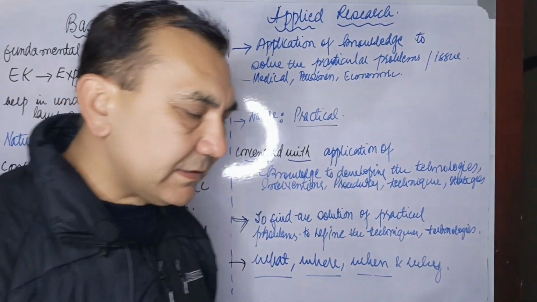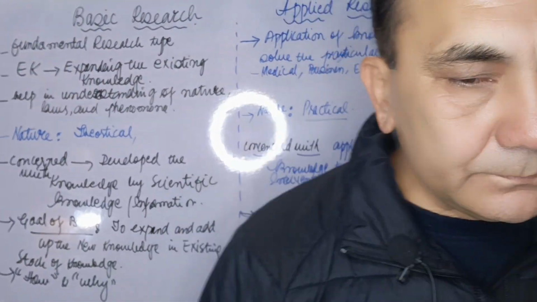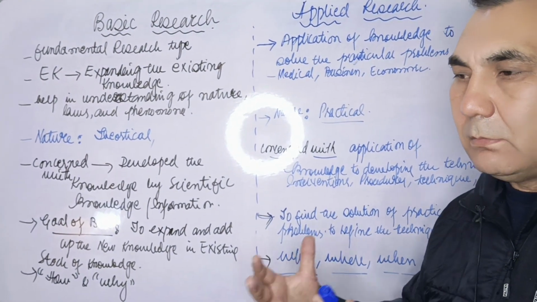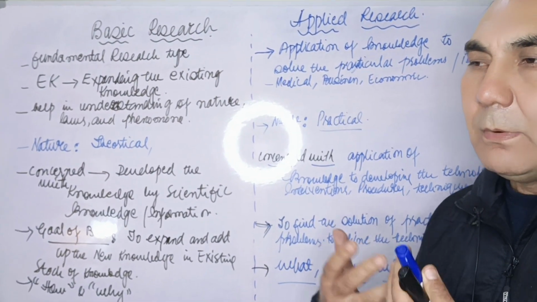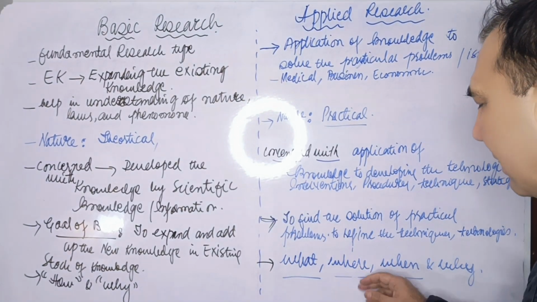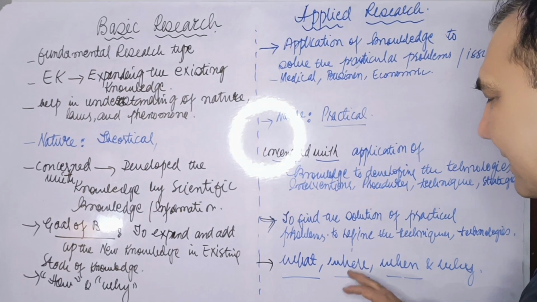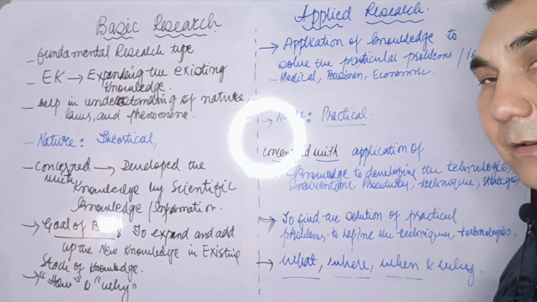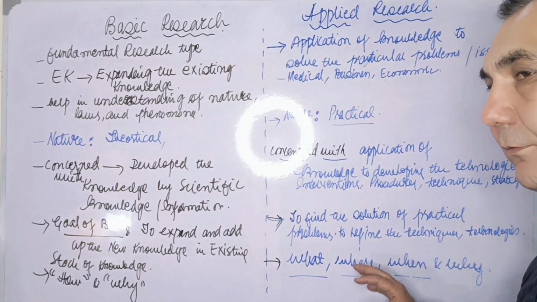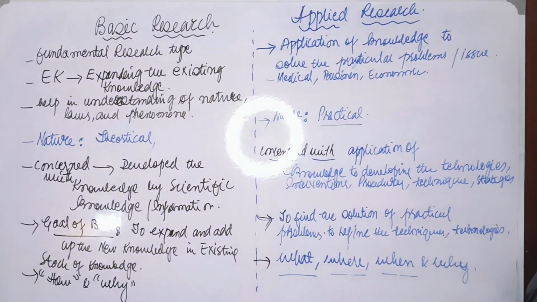Again, air pollution and smoke are more common in the urban area as compared to the rural area. So that's why we are finding the answer of where and when. The where and when are related to the locality and the time.